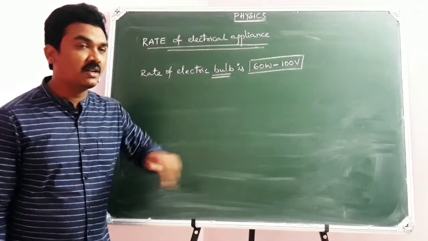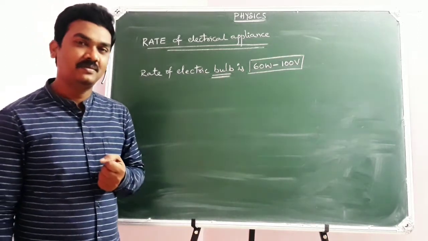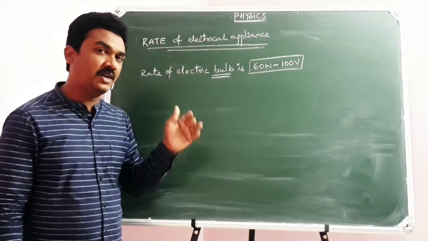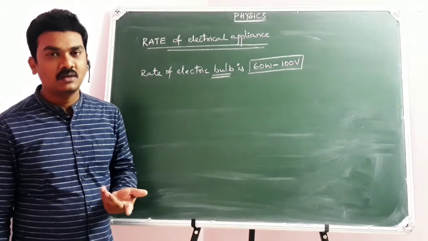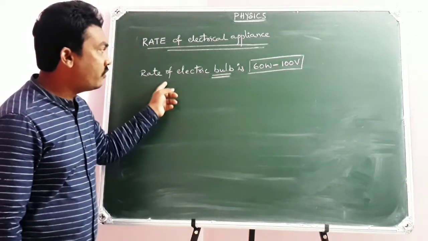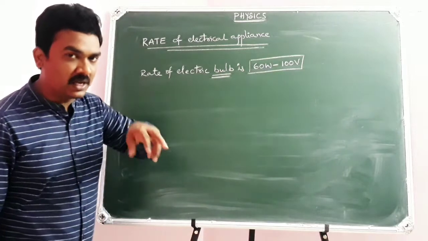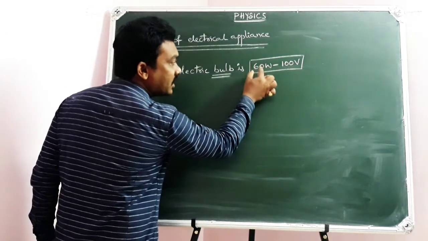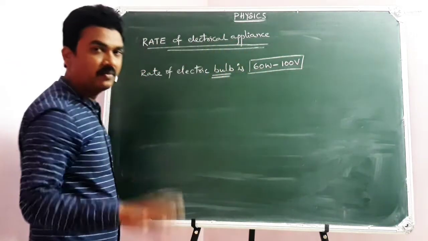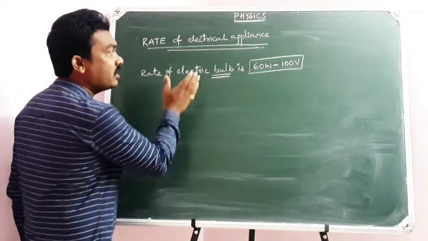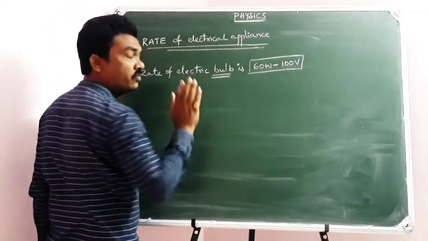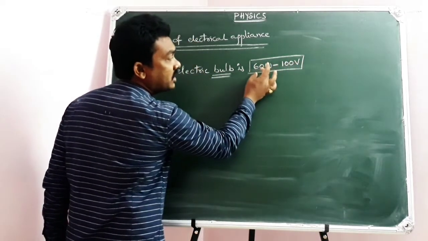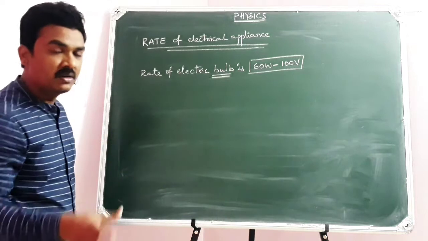Sir, if the potential difference across the bulb is 200 volt in the electric circuit? I told you the rate of electrical appliance will explain the maximum voltage at which it consumes maximum electric power.